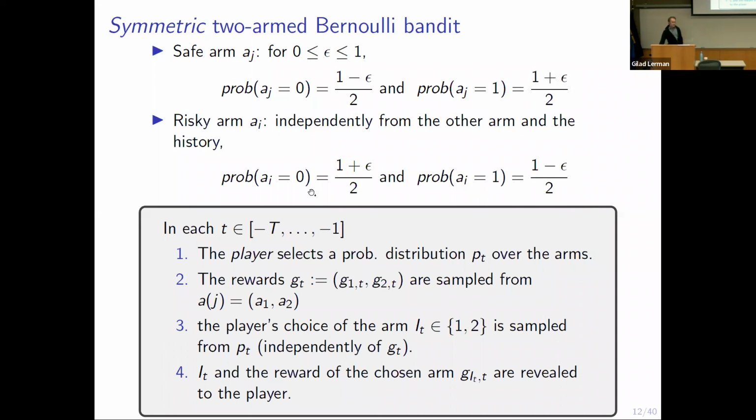So I'm just defining the strategy for the adversary that achieves the only known lower bounds. This is just a restriction to two arms for simplicity. Okay. The rest of the problem is the same.